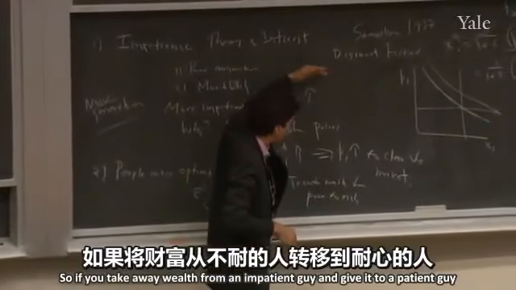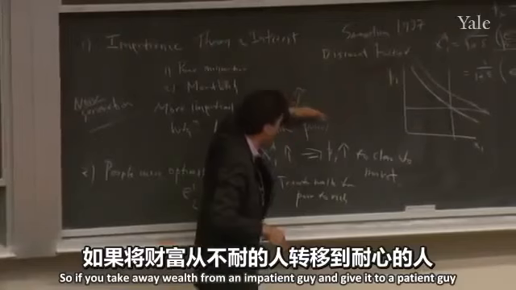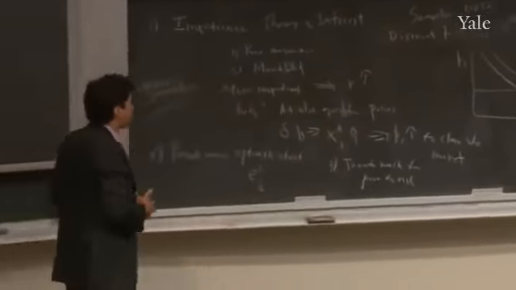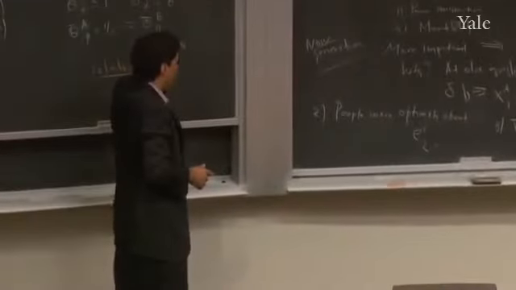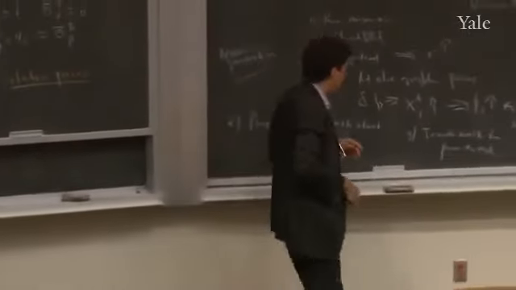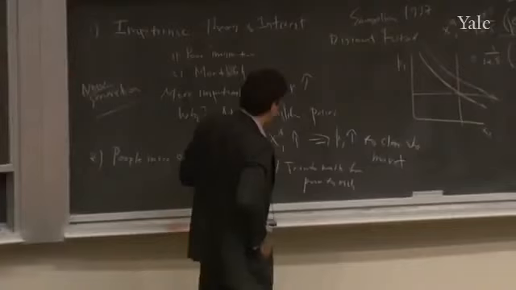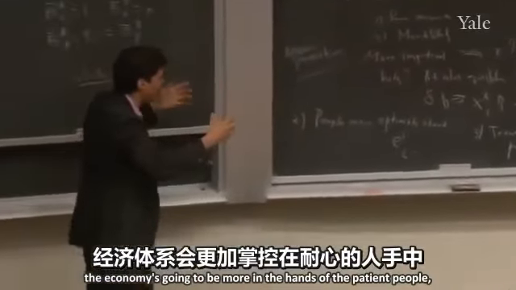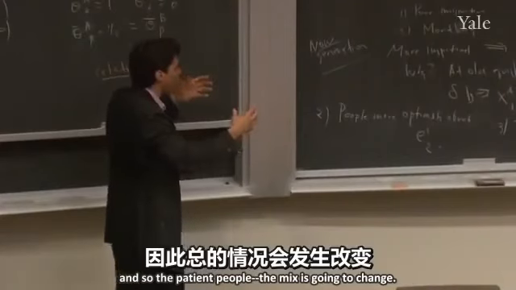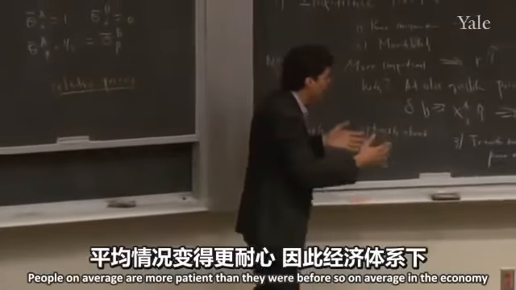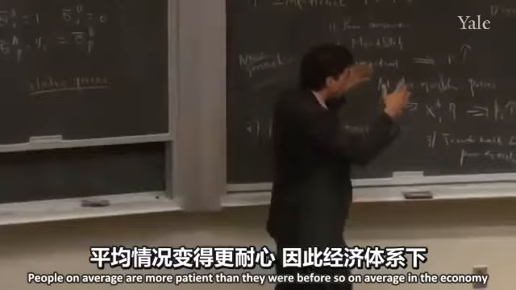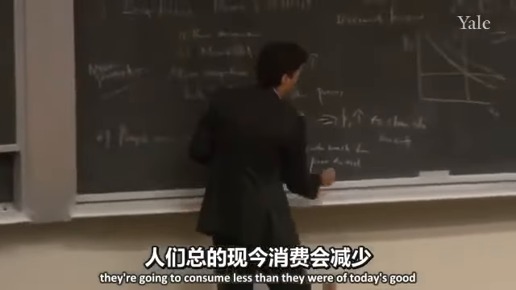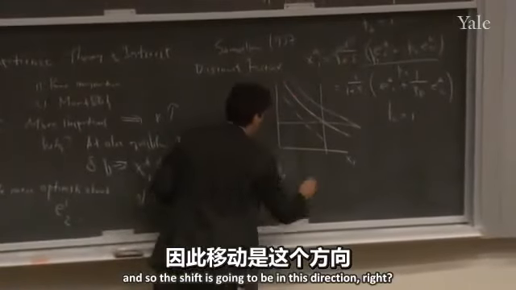So if you take away wealth from an impatient guy and give it to a patient guy, the economy is going to be more in the hands of the patient people, and so the mix is going to change. People on average are more patient than they were before, so on average in the economy they're going to consume less of today's goods, and so the shift is going to be in this direction, right?